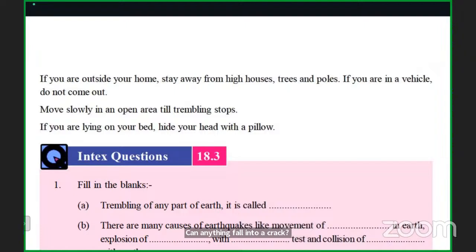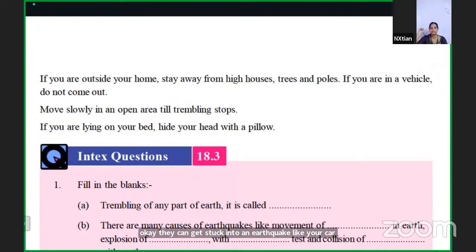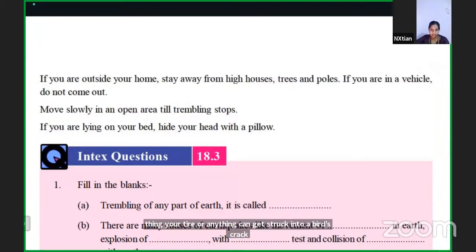Can anything fall into an earth crack? Yes, Abraham. Things can fall into an earth crack. It can happen. They can get stuck into an earth crack, like your vehicle, your tire or anything. Some things can fall into an earth crack.